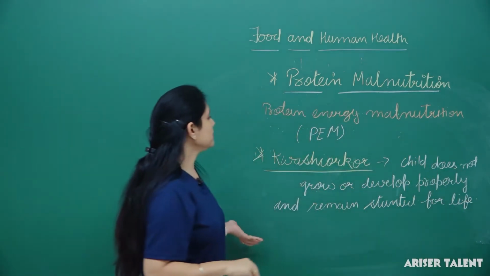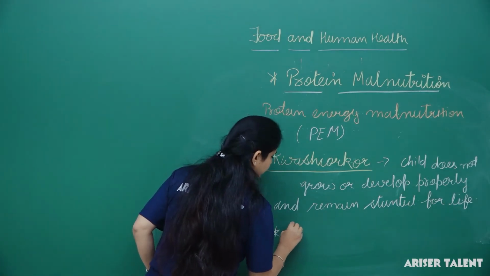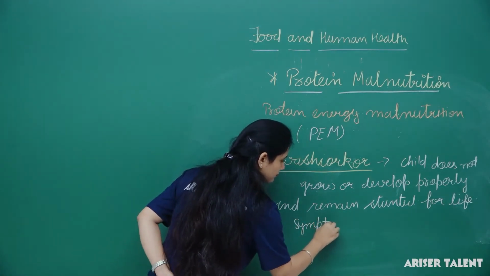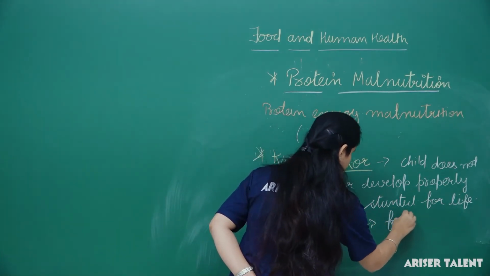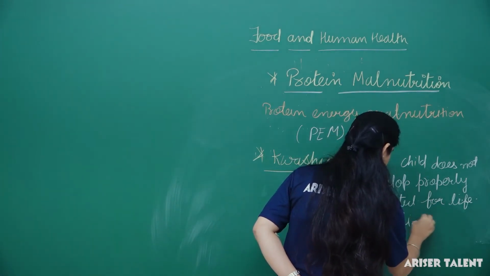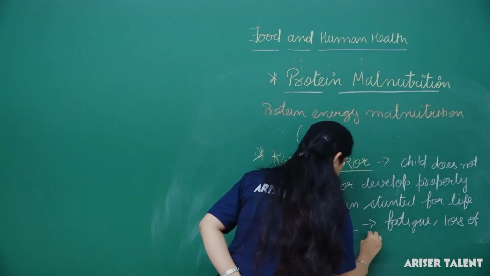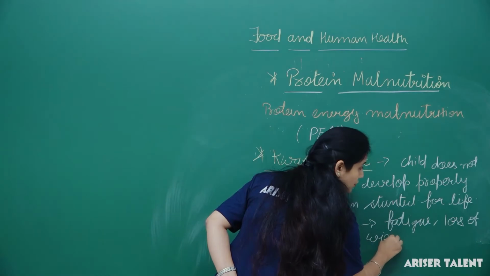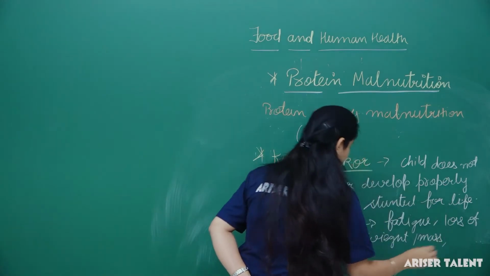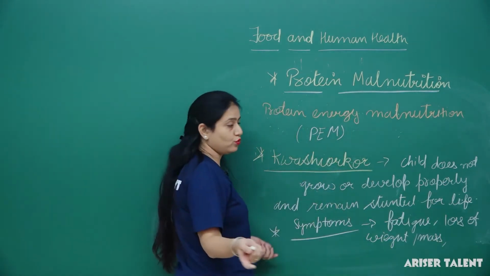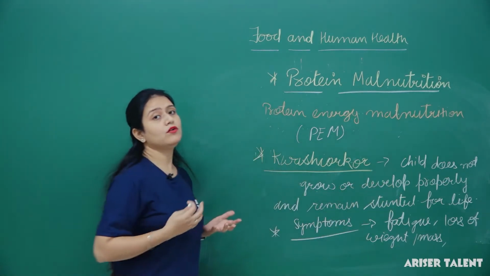Now what are the symptoms of kwashiorkor? The symptoms are fatigue, diarrhea, loss of weight or mass. Besides it we can say failure to grow. As I told you, the child does not grow or develop properly due to the lack of protein.